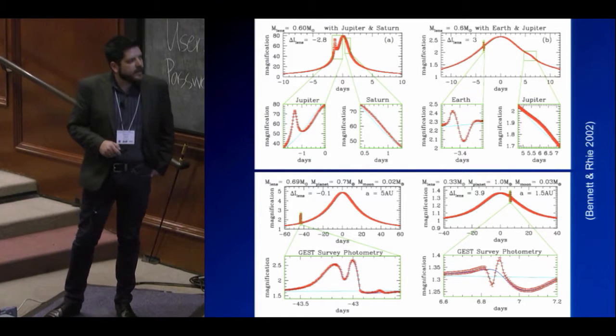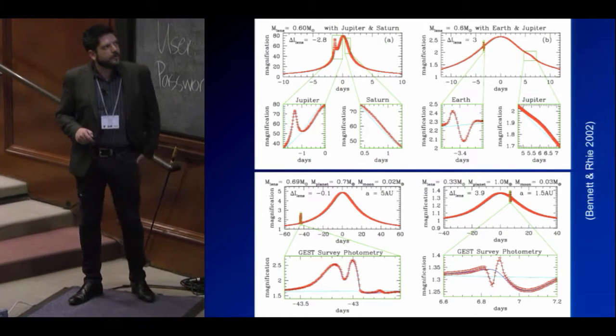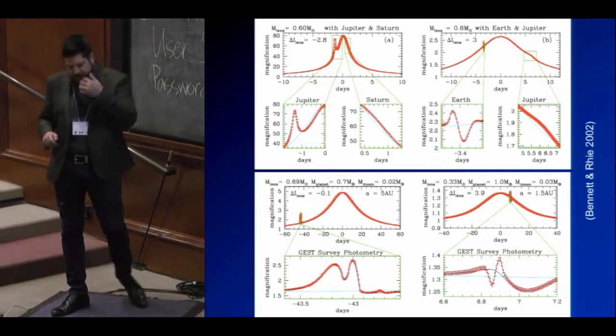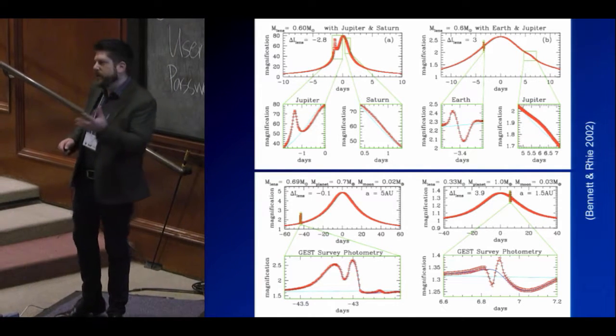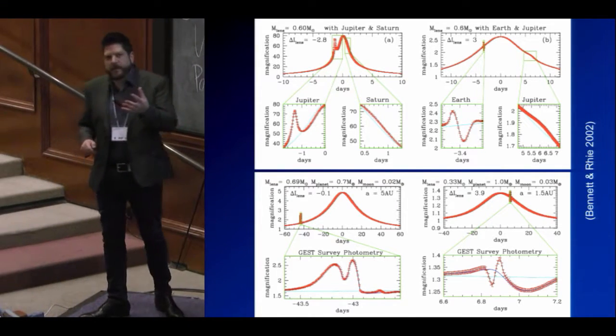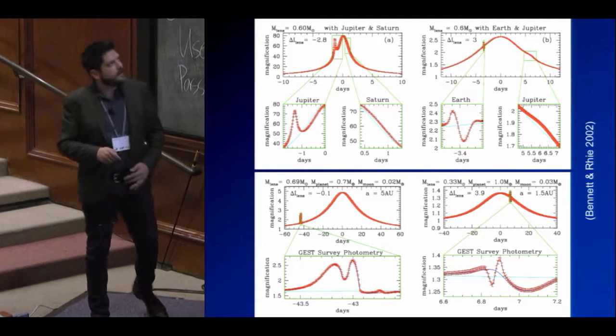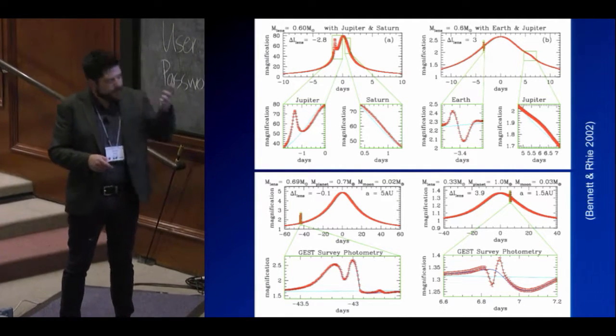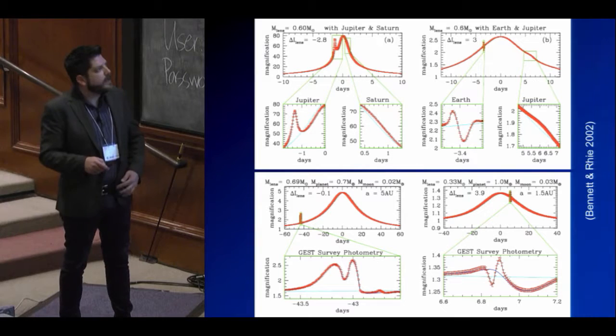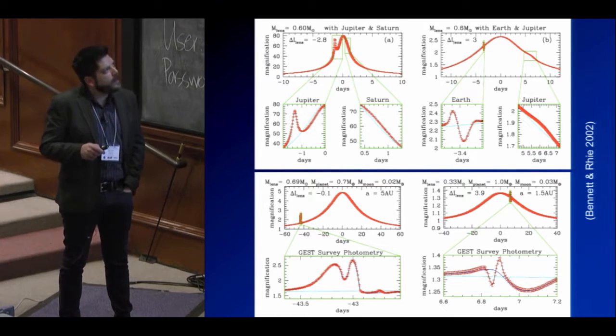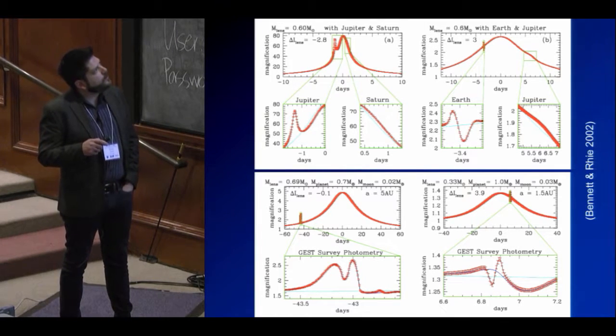Finally, two related issues: if we can really dig into the noise, we have a much higher probability of detecting multiple-planet events. Here's an example from the original paper by Bennett and Rhie, showing two multiple-planet events. One is a Jupiter and a Saturn.